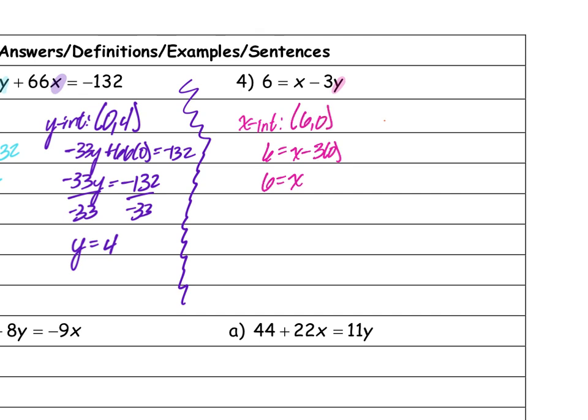And my y-intercept is where I set x equal to 0. So I'm going to put a 0 in there. So I've got 6 equals 0 minus 3y, or 6 equals negative 3y, divided by negative 3, and y equals negative 2. So I've got 0, negative 2. Okay?